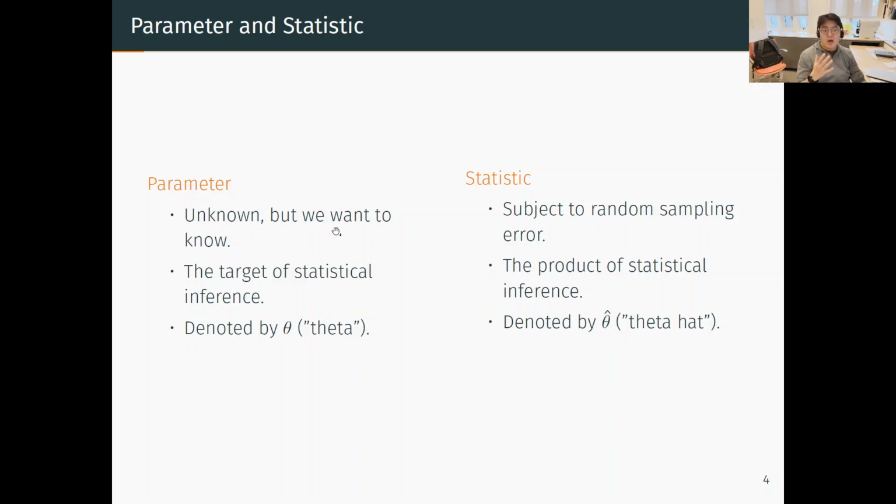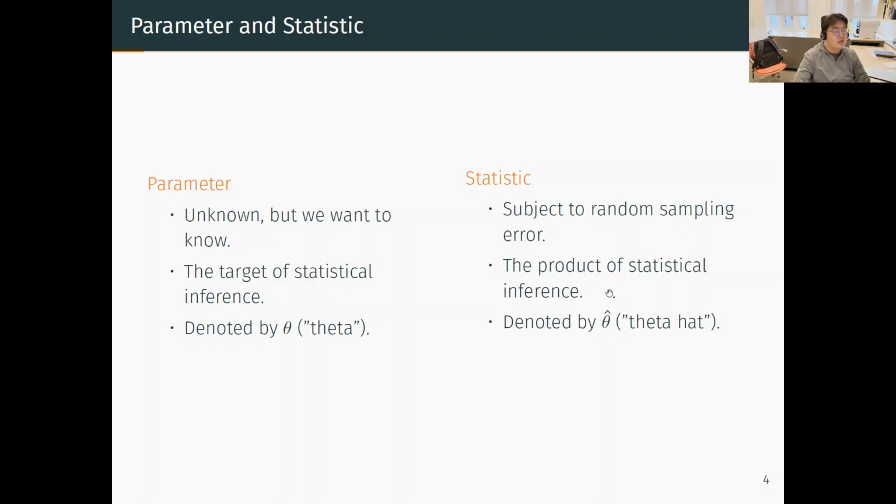I am curious about, say, the expected annual income of an adult, or of an economics major. I'd like to know the expected initial salary of economics major college graduates, and then we observe some salary data and calculate something.